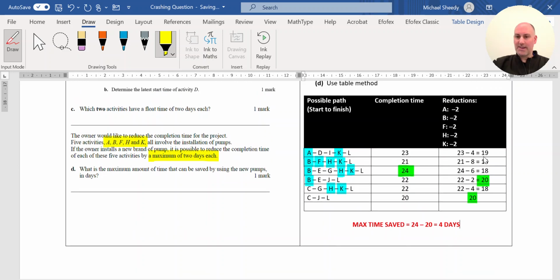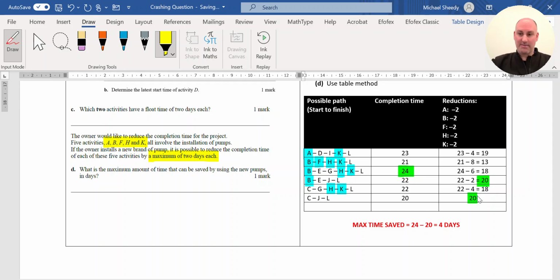Now, according to the reductions column, I know I can get the critical path down to 20, but I need to figure out how I can do that. I need to go back to the graph and analyze it to see how I can get that down to 20. That will tell me what reductions I need to do.